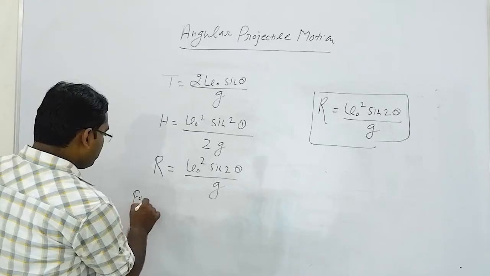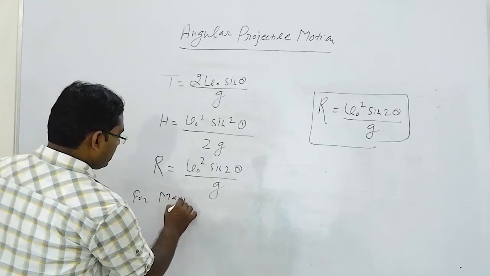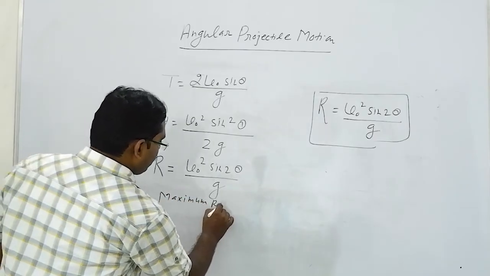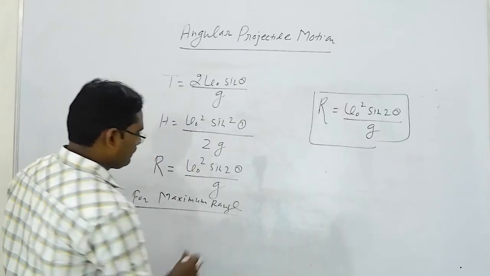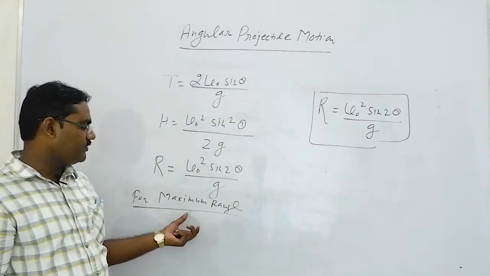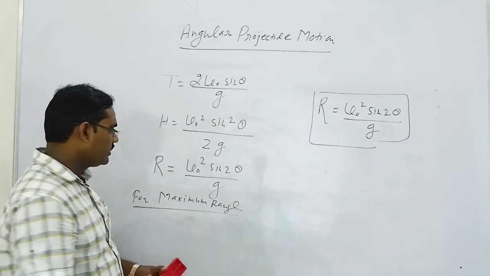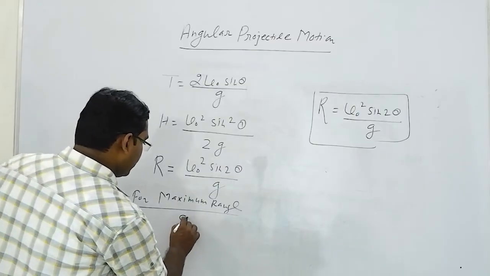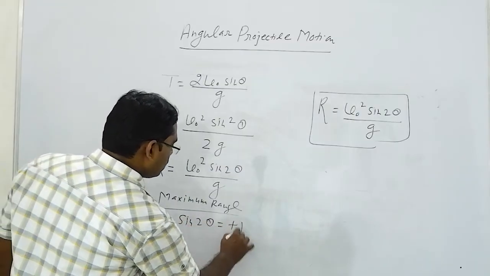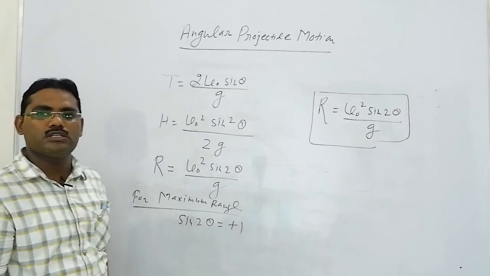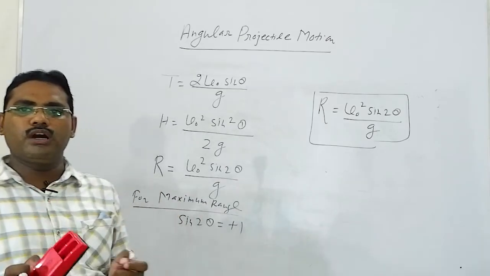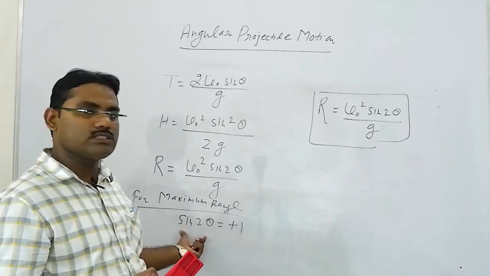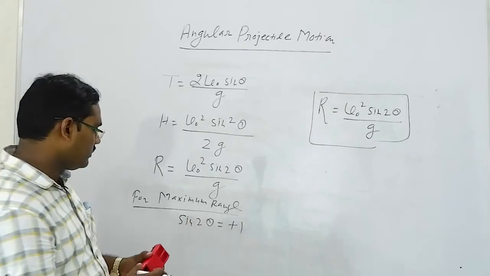For maximum range, what happens? If we find the maximum range, then sin 2 theta is equal to plus 1, because the maximum value of sine is plus 1.